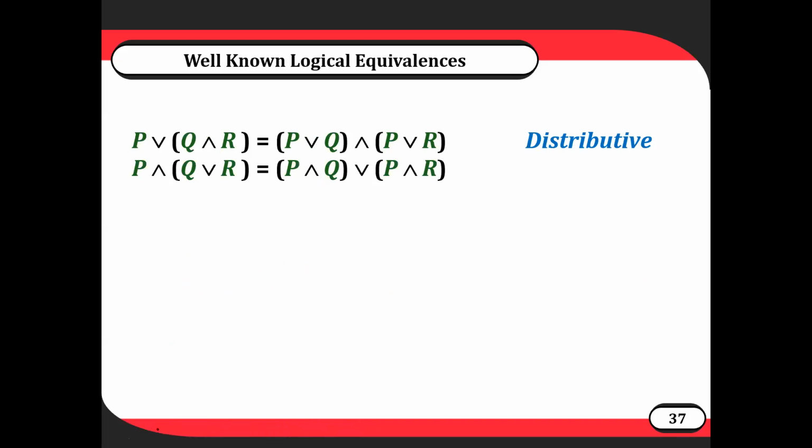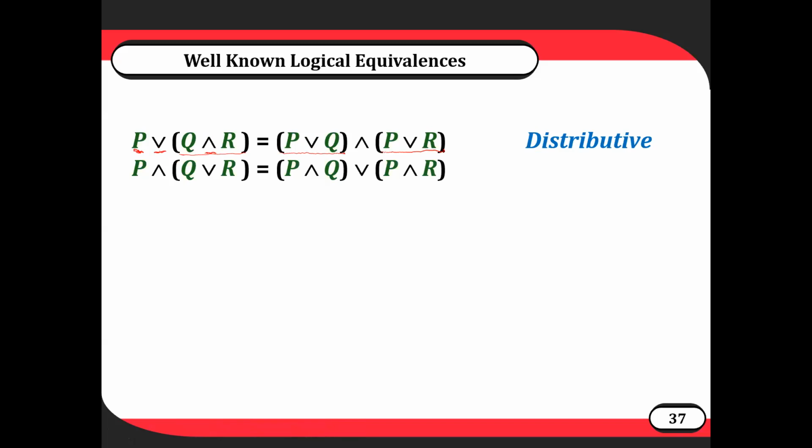Okay. Distributive. If we have the AND inside the brackets and an OR outside the brackets, then we can, in a sense, distribute this P over the Q and the R. So P or (Q and R) is logically equivalent to (P or Q) and (P or R).